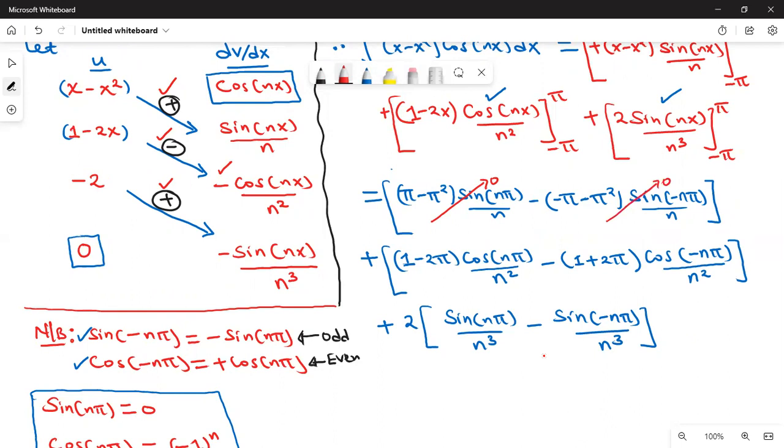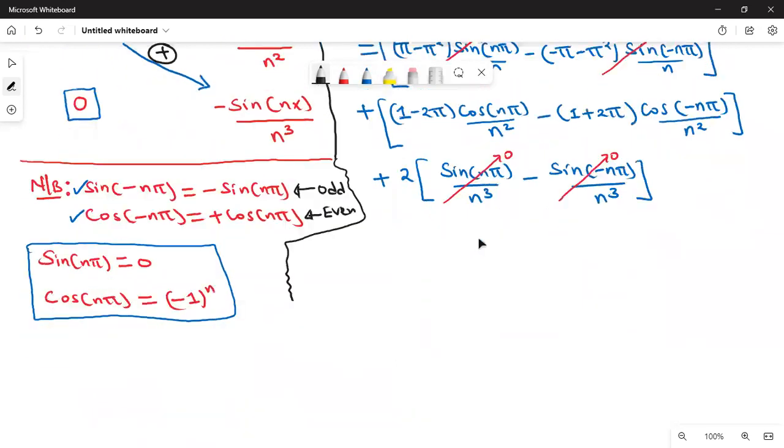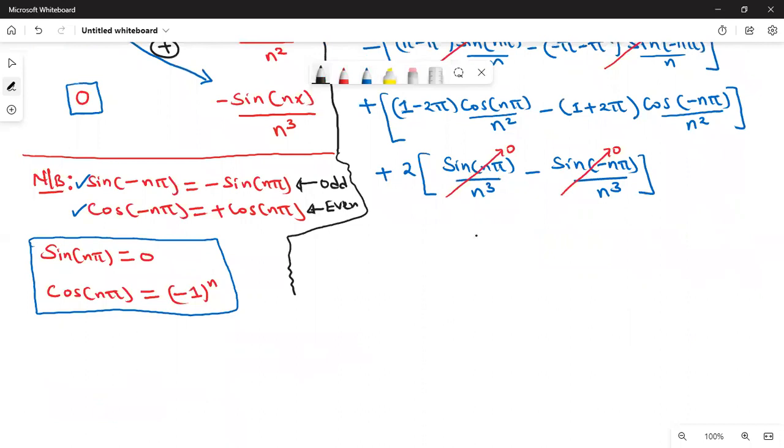Everywhere you have a sine, just note that they will vanish. So we only remain with the cosine.